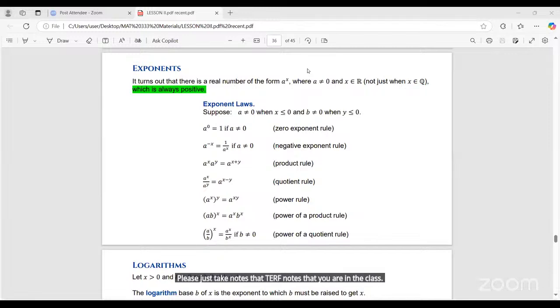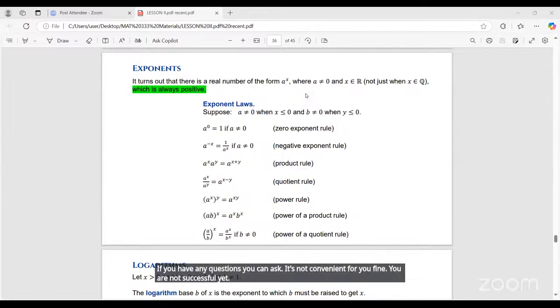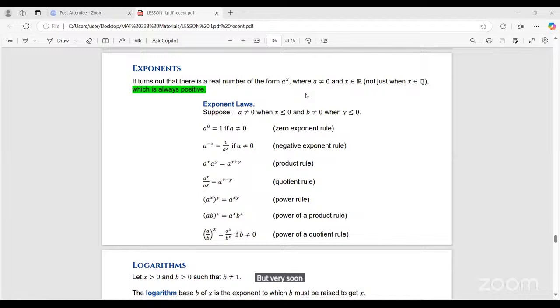Please don't use foul language. Please, if you have any question, you can ask. It's not convenient for you, fine. You are not in school yet, but very soon you'll be Ma, around. can you please scroll down a bit? Just hold on. When I'm done, we'll ask. Okay, ma. When I'm done, we'll ask all the questions we want to ask. Exactly. Just note your questions. Once I'm done, because of the time, then we'll ask all our questions.